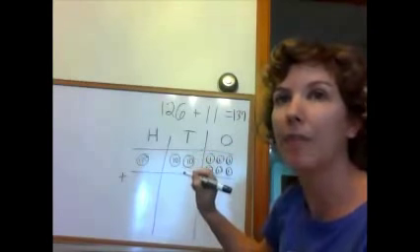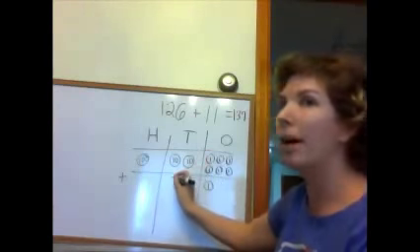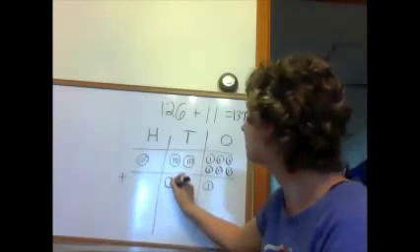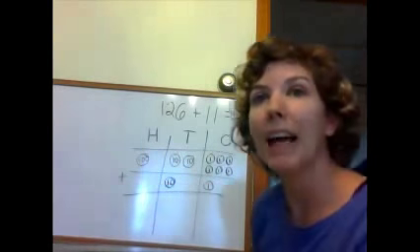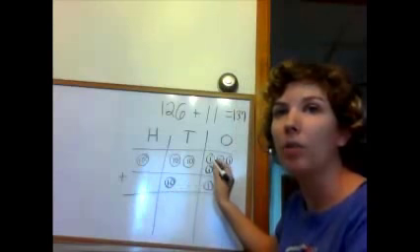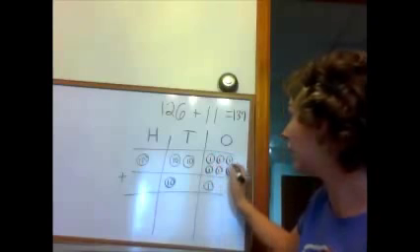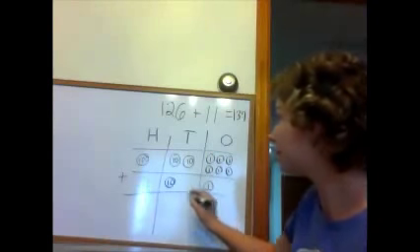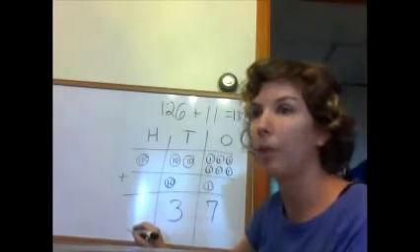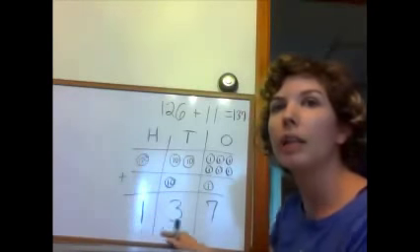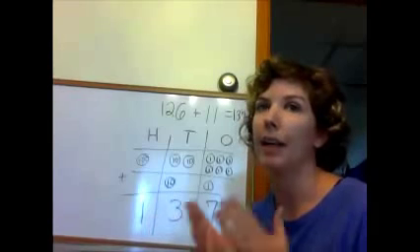Now I'm going to add my 11. I see 1 one. I see 1 ten. Now I'm ready to add. And the students can just count the numbers of chips. 1, 2, 3, 4, 5, 6, 7. 3 tens. And 1 100. So we end up with the same number. The sum is 137 again.